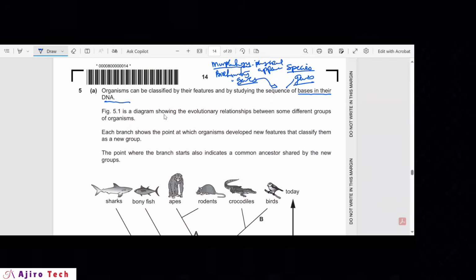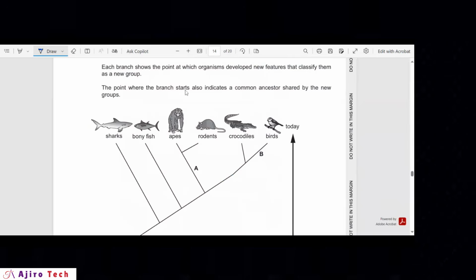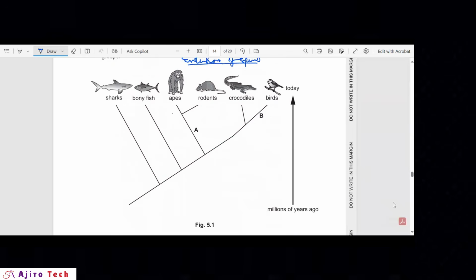Figure 5.1 is a diagram showing the evolutionary relationship between some different groups of organisms. Each branch shows the point at which organisms develop new features that classify them as a new group. The point where the branch starts also indicates a common ancestor shared by the new group. So this is basically talking about evolution of species. Species that are closely related have just evolved from a common ancestor.